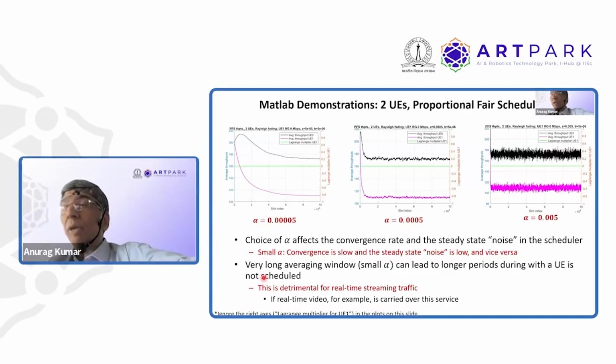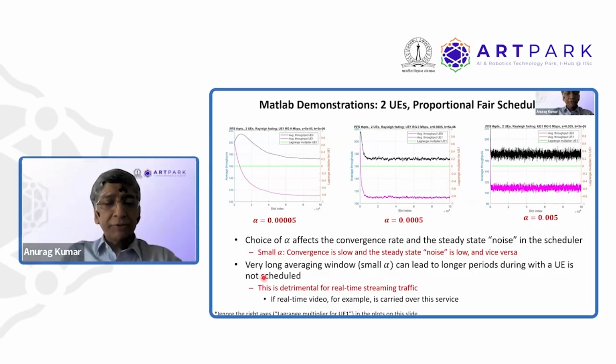But if I'm watching the video, I need 1.7 Mbps for HD video. If I don't give any throughput for 10,000, 5,000 slots, then there will be starvation. The buffer will drain out. I require more buffering in that case. Anyway, just to give you an idea of the trade-offs here based upon choosing alpha.